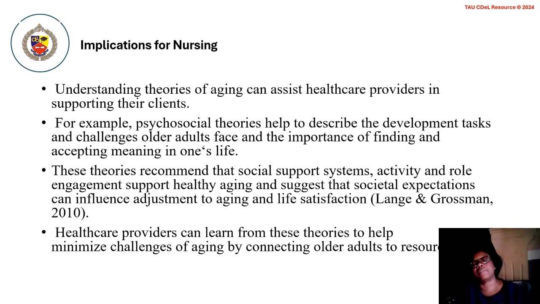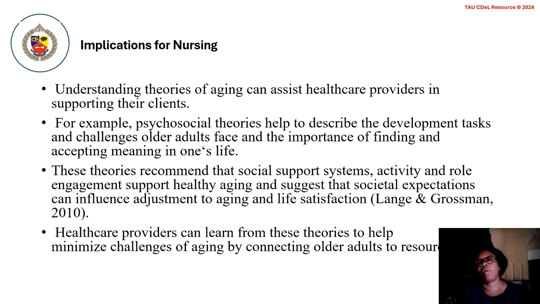Implications for nursing. Understanding theories of aging can assist healthcare providers in supporting their clients. For example, the psychosocial theories help to describe the developmental tasks and challenges older adults face and the importance of finding and accepting meaning in one's life.